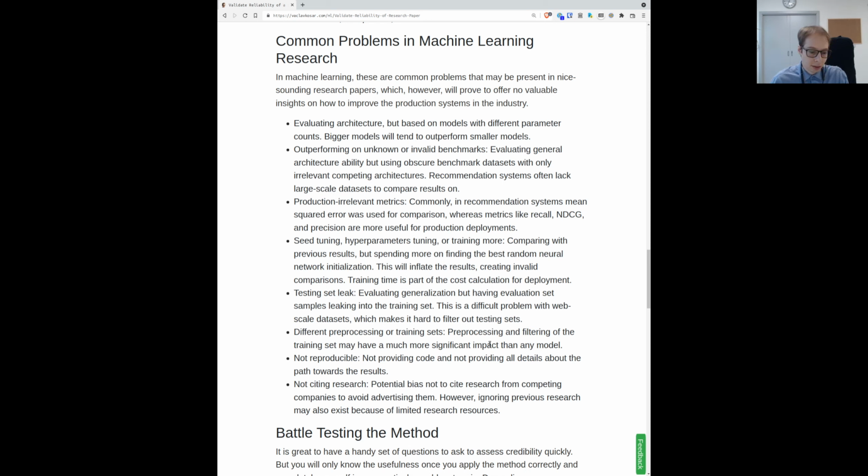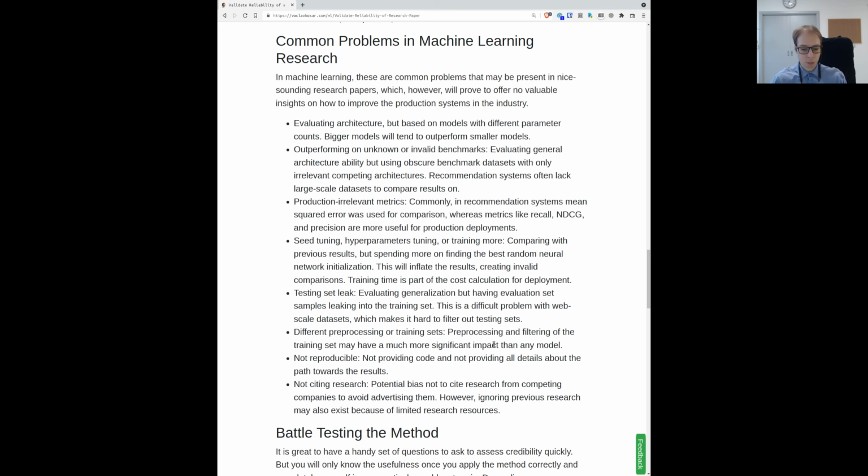Then non-reproducibility. Some papers don't provide code or the dataset, and so it's very hard for anybody to try it for themselves, and so we will not know, at least for some time, if the method is valid. Then not citing research.